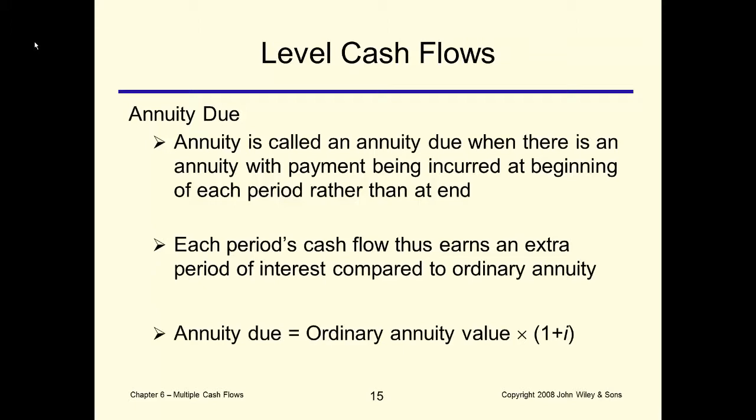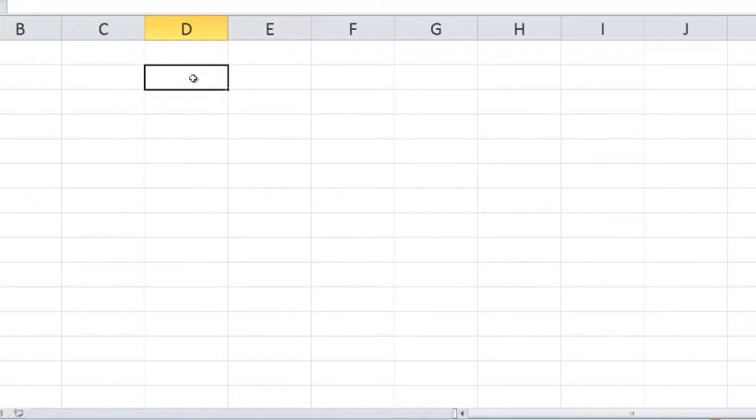So for an annuity due, it doesn't matter whether you're talking about a future value or a present value. The way you calculate the value of an annuity due is just calculate the value of an ordinary annuity and then multiply it by 1 plus the interest rate. That takes into account that 1 extra period of earning interest. Let's go through a couple simple examples of this.